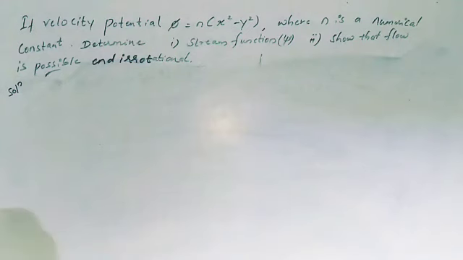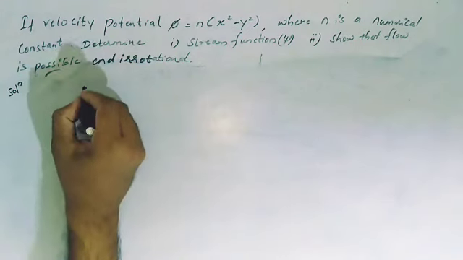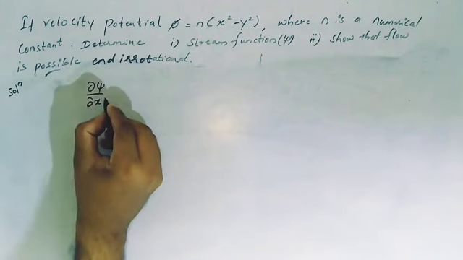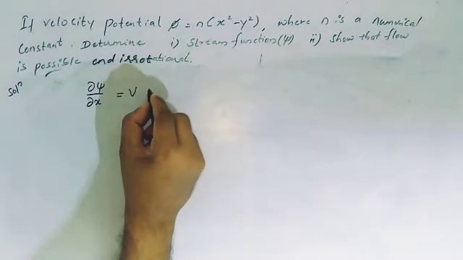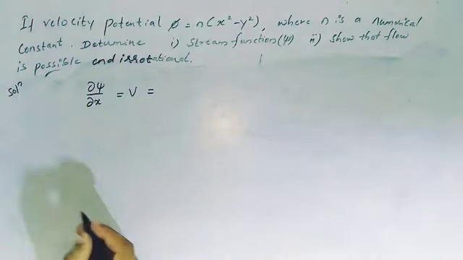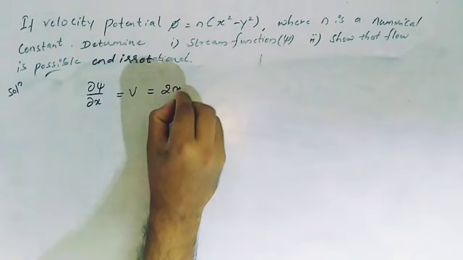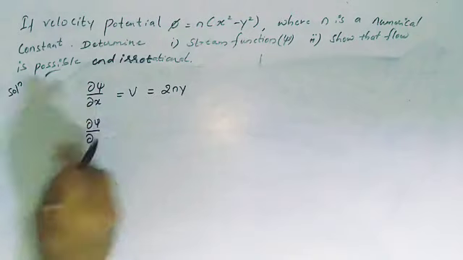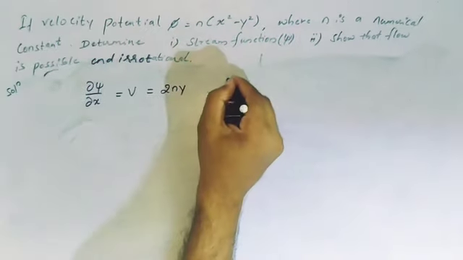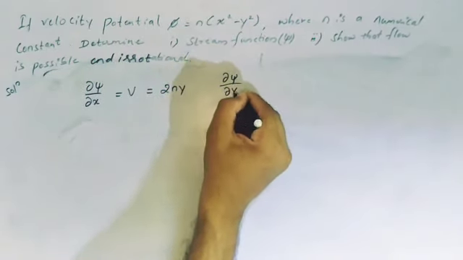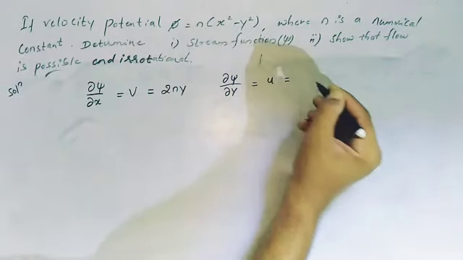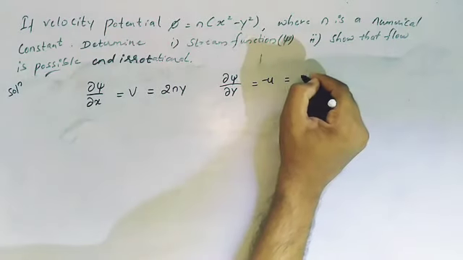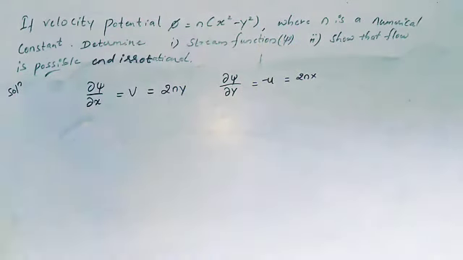So for the definition of stream function, we know that dou psi by dou x is equal to v, and v we have already calculated in the previous step, so it is nothing but 2ny. Similarly, dou psi by dou y is equal to minus u, and that we have already calculated in the previous step.